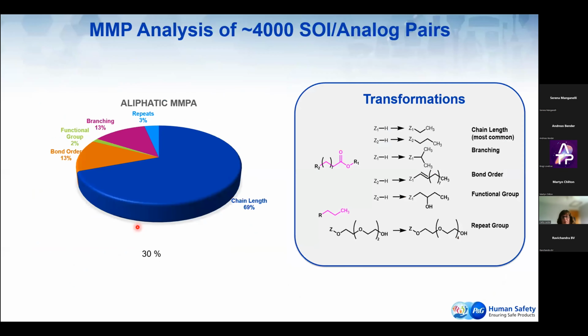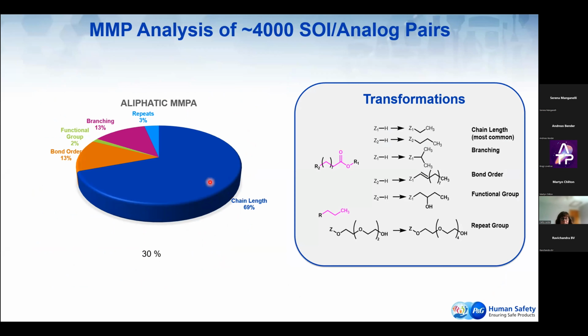When we analyzed a large number of SOI analog pairs for which the analogs were considered suitable, using our expert judgment-based read-across framework, we found that all of the matched molecular pair transformations that we observed fell into just five different categories for both aliphatic and aromatic compounds.